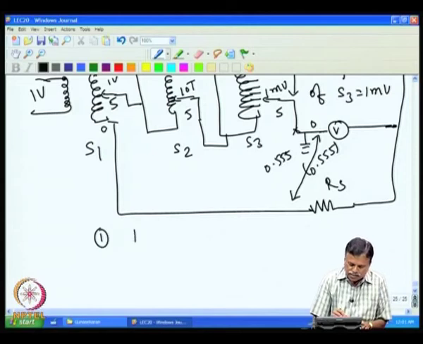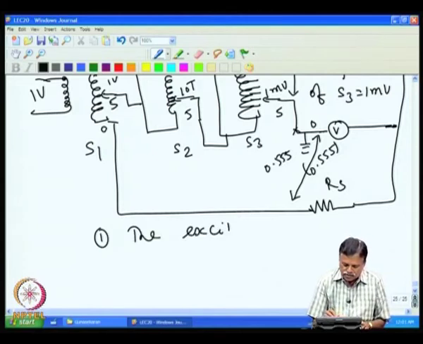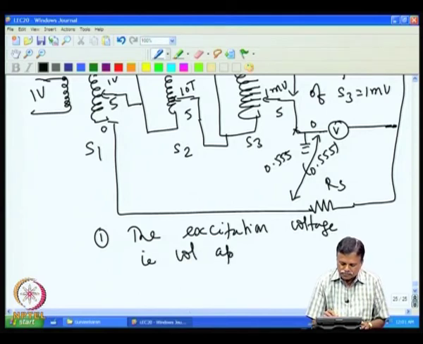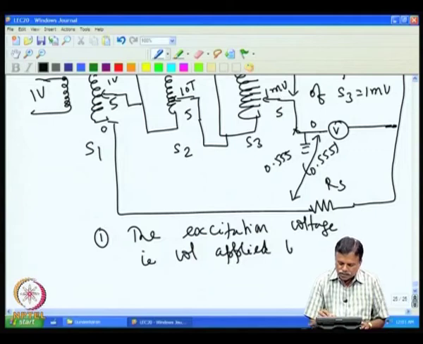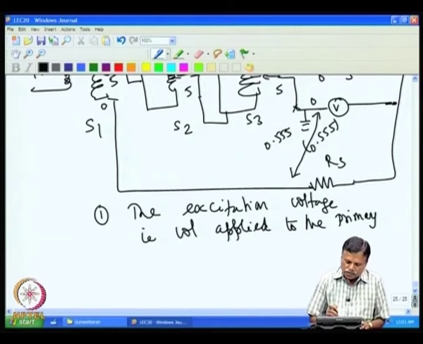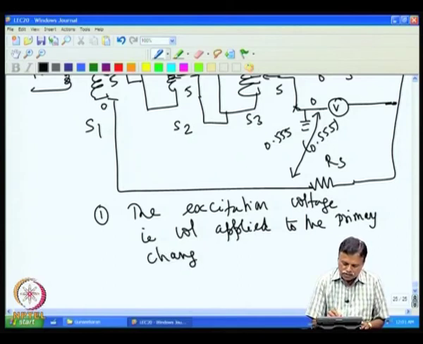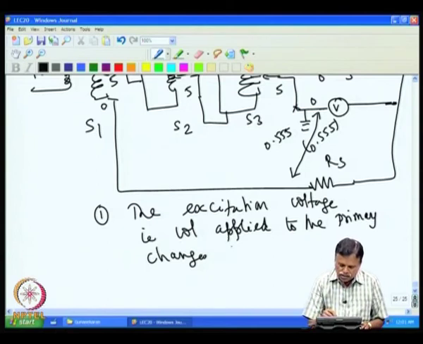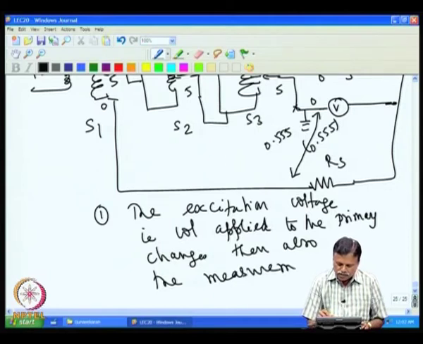If the voltage applied to the primary changes, then also the measurement is accurate.